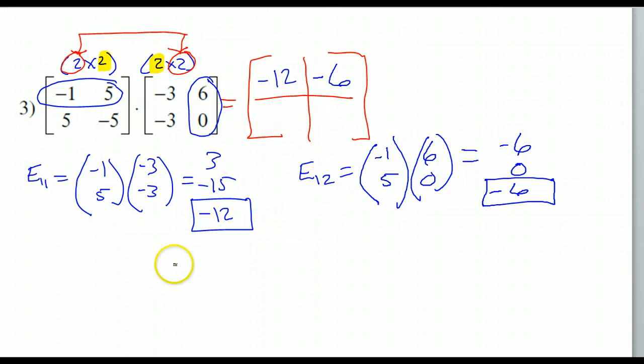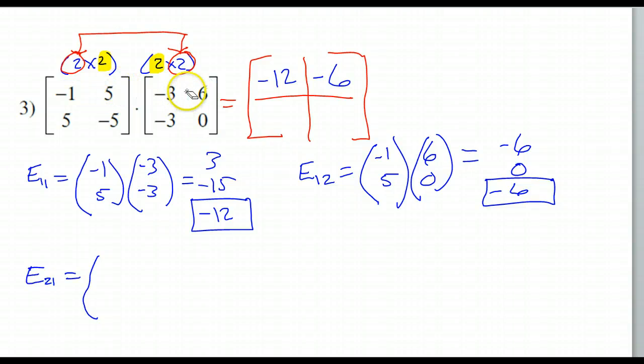Now moving down to this corner, that's going to be element 2,1, because this is row 2, column 1. With that in mind, I need to do row 2 times column 1. So here's row 2, and here is column 1.